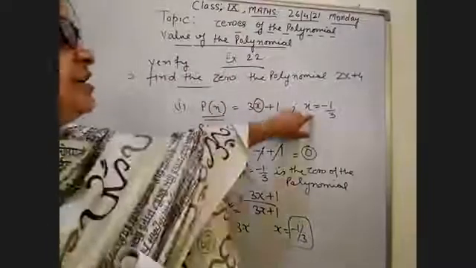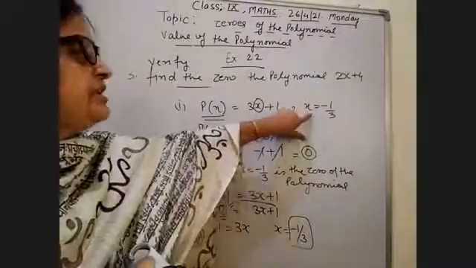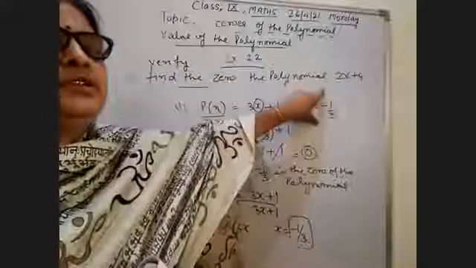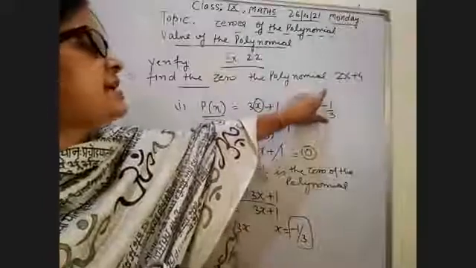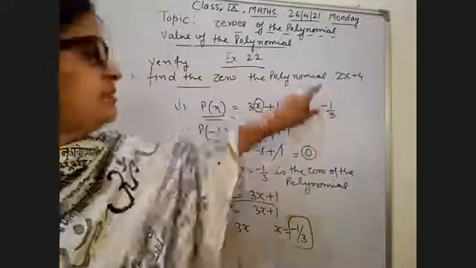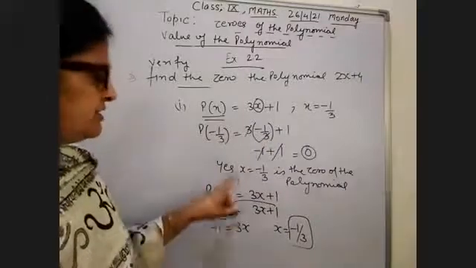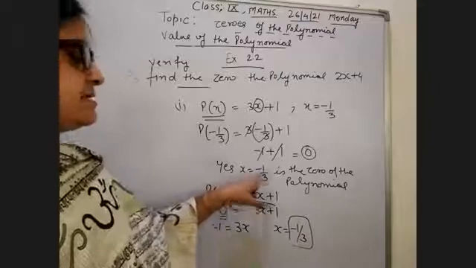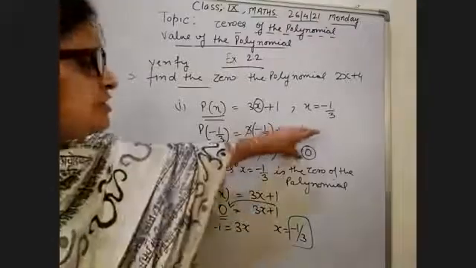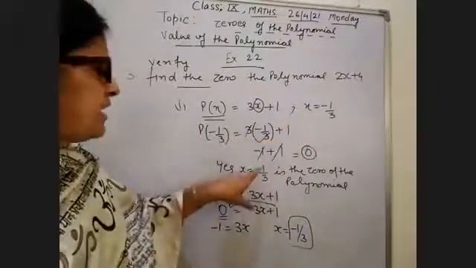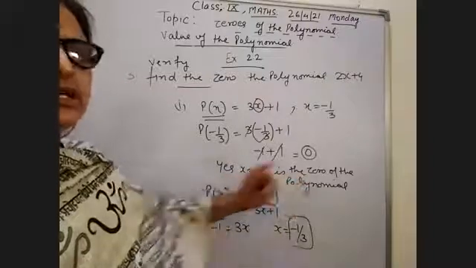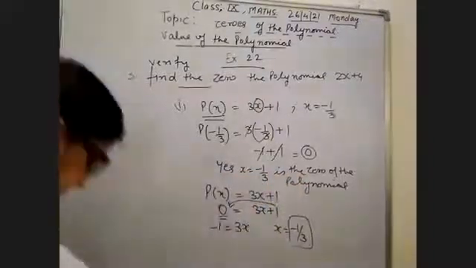When your variable is already given, in place of x you put the value, you have to verify that x equal to minus 1 upon 3 is 0 of the polynomial or not. Because it is equal to 0, x equal to minus 1 upon 3 is the 0 of the polynomial.